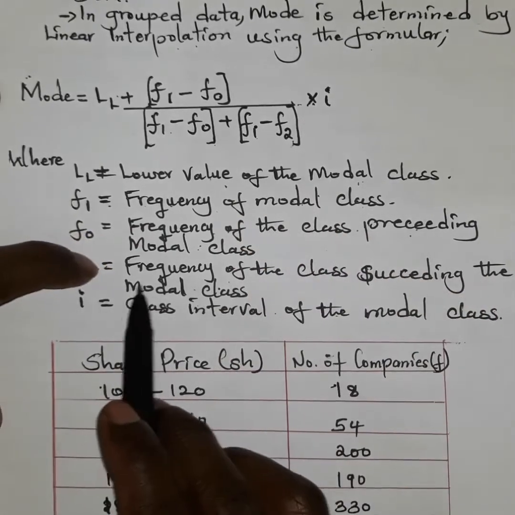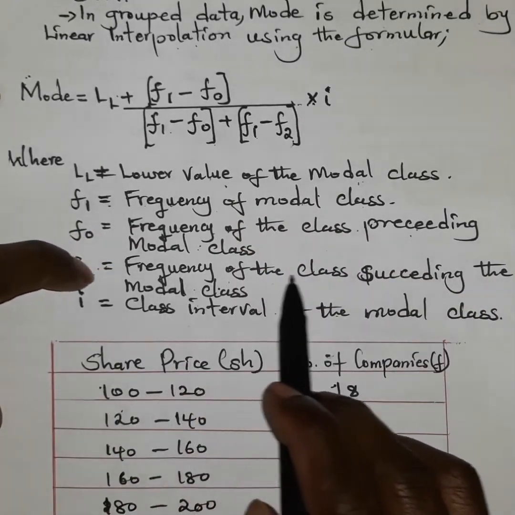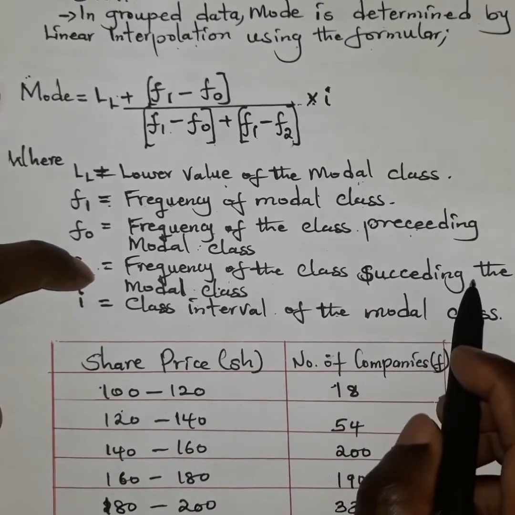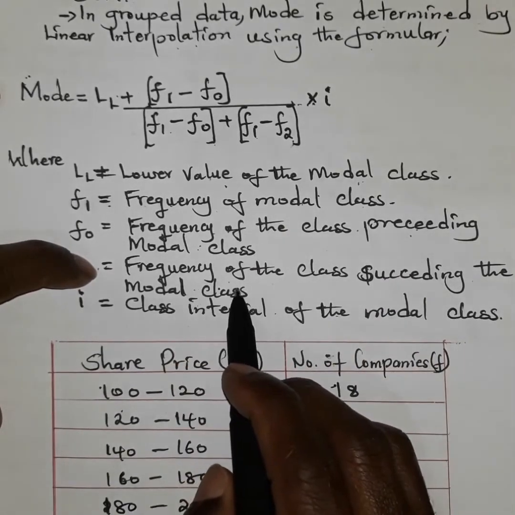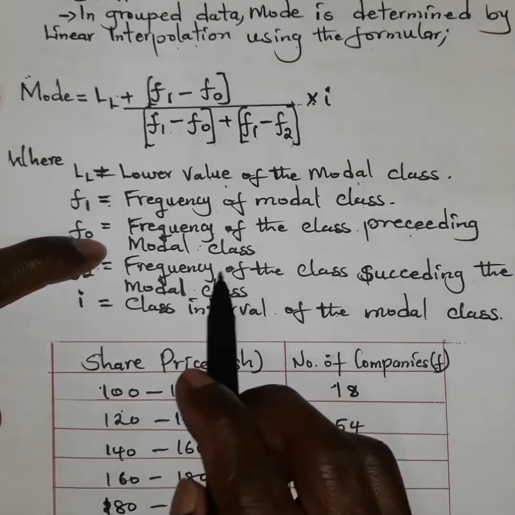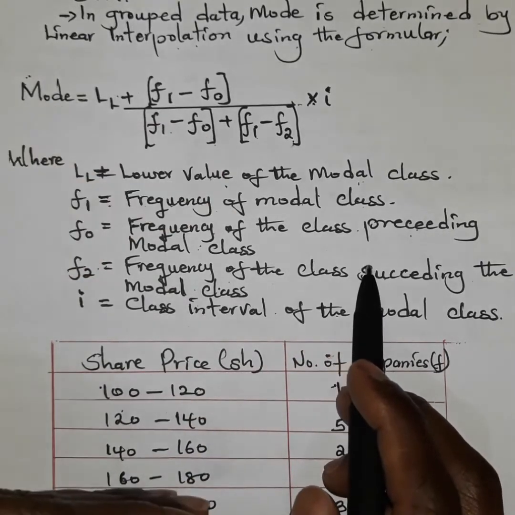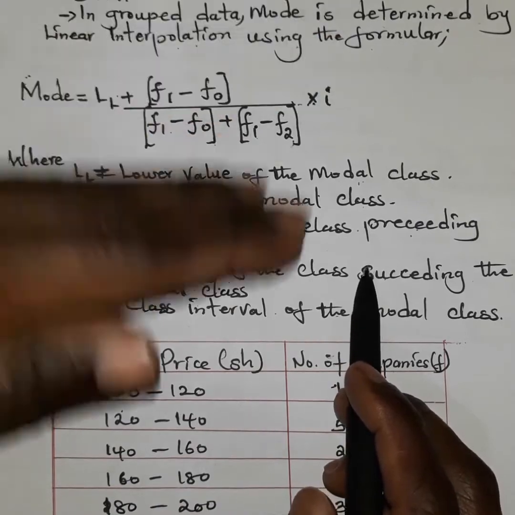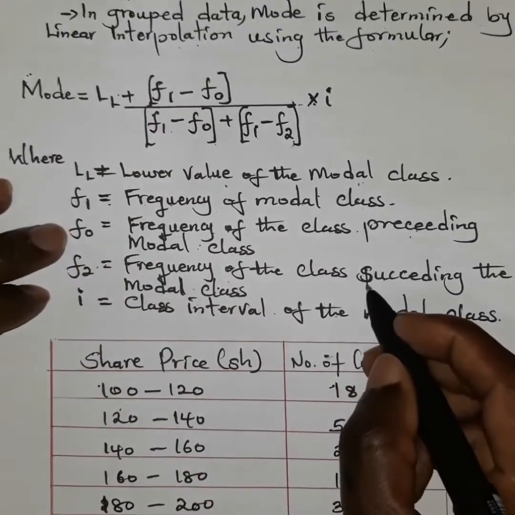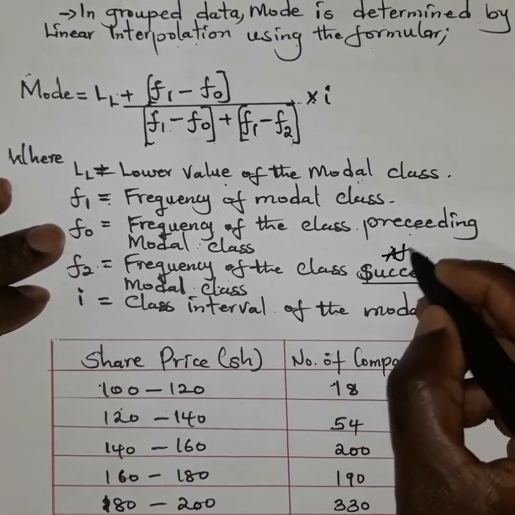F2 here refers to the frequency of the class succeeding the modal class, that is, the frequency of the class which comes just after the modal class. To succeed means to come after.